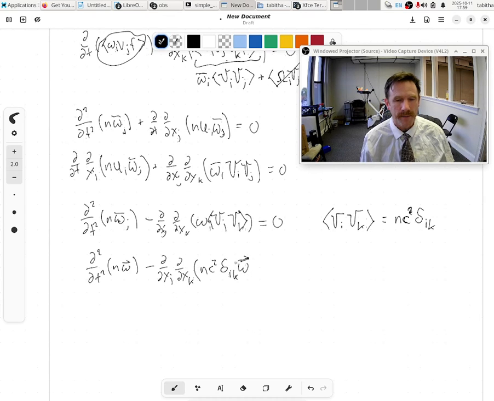And now I'm keeping this as a vector here. My apologies for mixing these notations. And this is the Laplacian, c squared, of course.